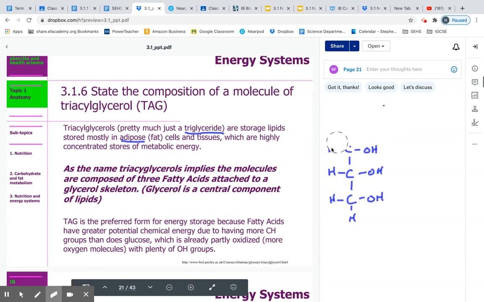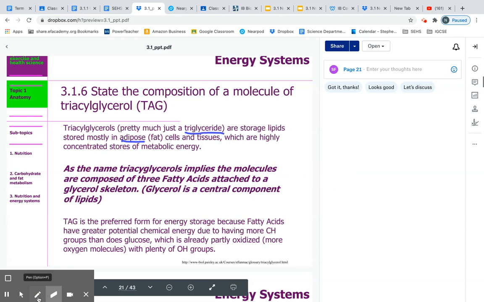The other component of this tag, this triacylglycerol molecule or triglyceride, is the fatty acid part. Fatty acids are basically a long chain of carbons and hydrogens that kind of go on forever.